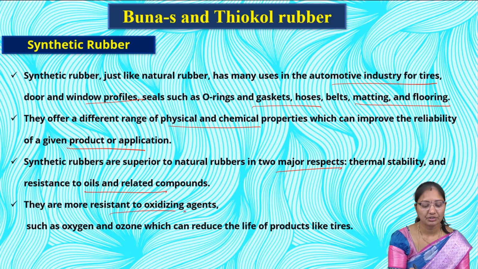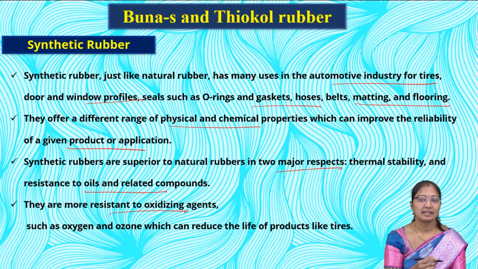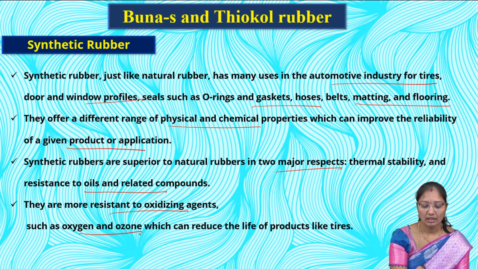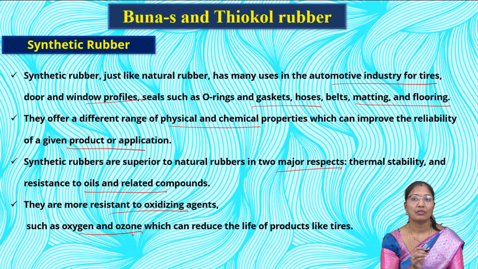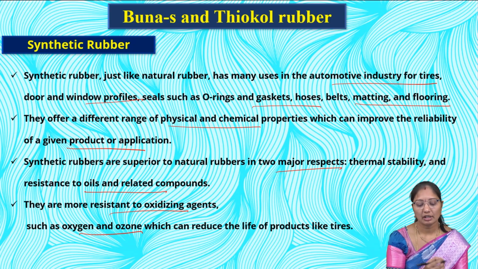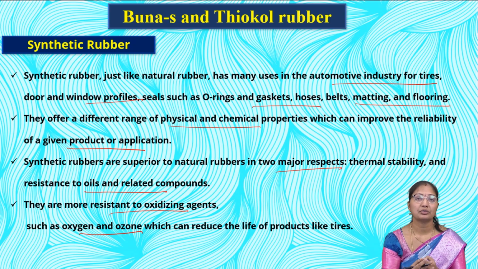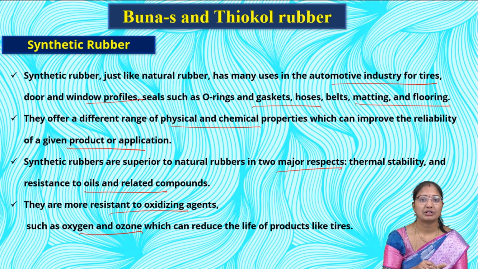They are more resistant to oxidizing agents such as ozone and oxygen, which can reduce the life of products like tires. When rubber is used in tires or in a specific manufacturing unit, it should be chemically inert and should not react with oxidizing or other chemical agents.